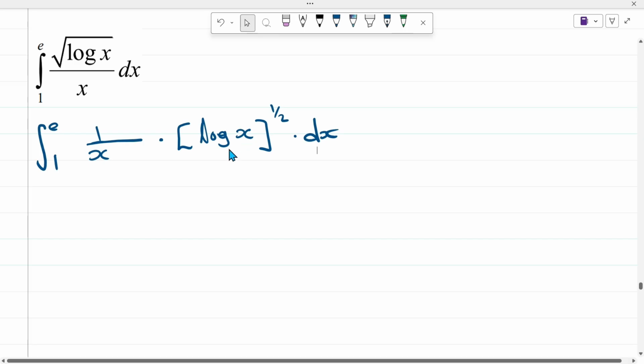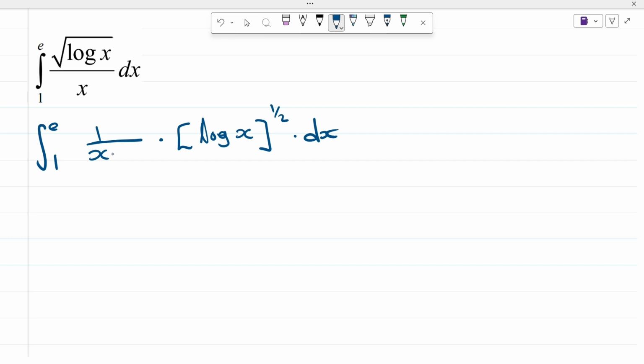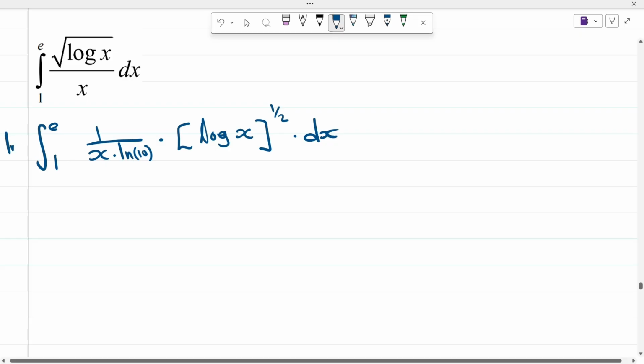Can that be the derivative of this? Yes, but it's incomplete, so we need to do the cooking. When we differentiate log of x, it becomes 1 over x ln of 10. So the ln of 10 is missing here. But then we didn't have this ln of 10, so that means I must put ln of 10 outside here so that it cancels out with that one that I've put.